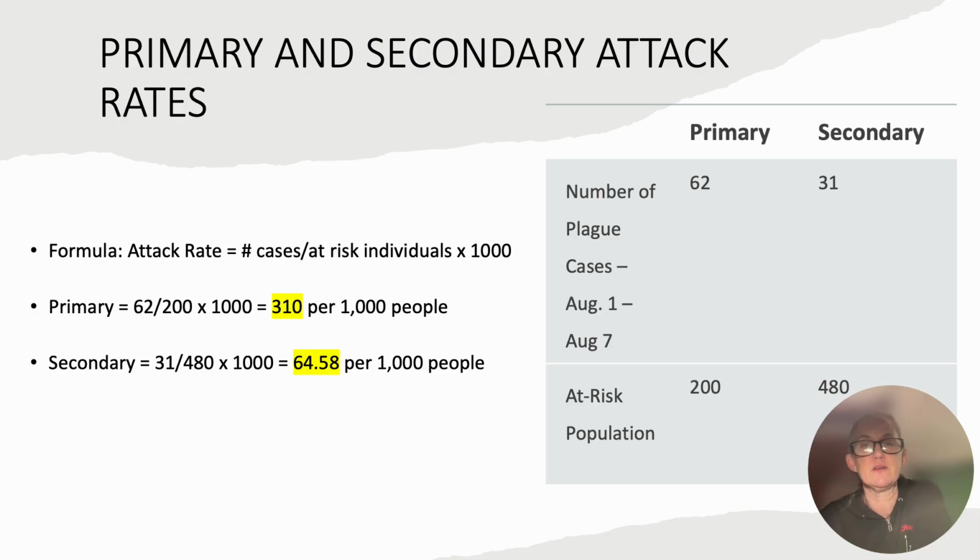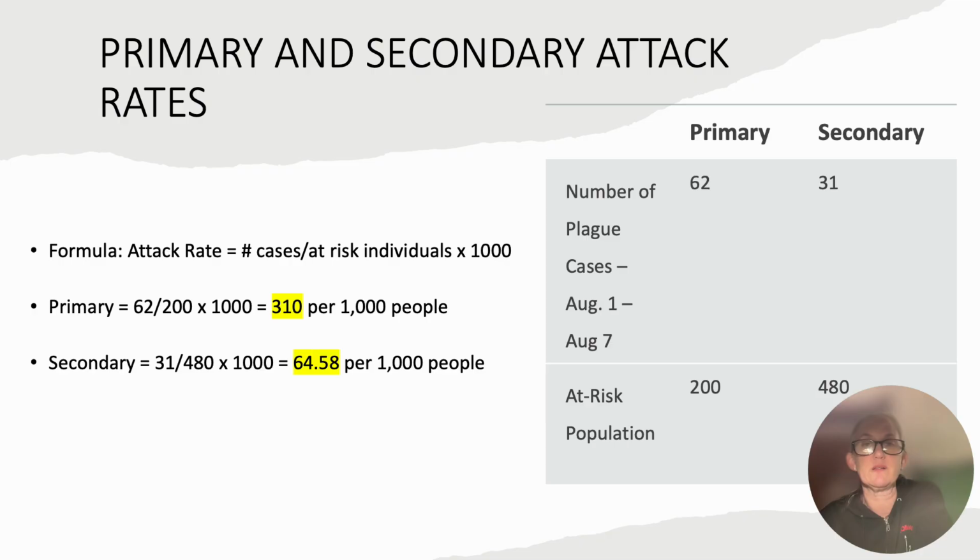It helps epidemiologists understand how efficiently the initial exposure caused the illness. As seen above, of the 200 individuals exposed in the primary attack, 62 became infected with plague, leading to a primary attack rate of 310 people per 1,000 exposed.